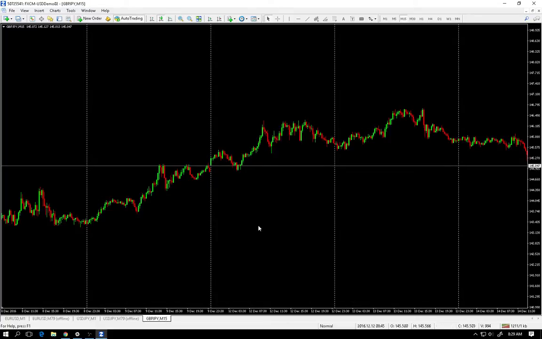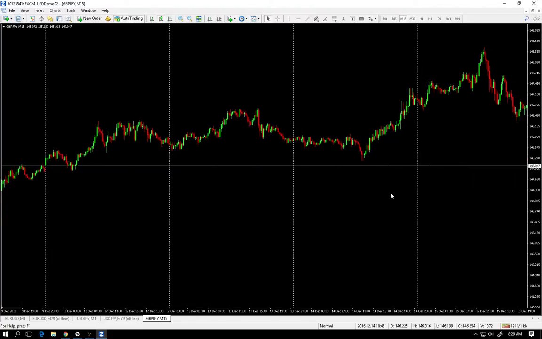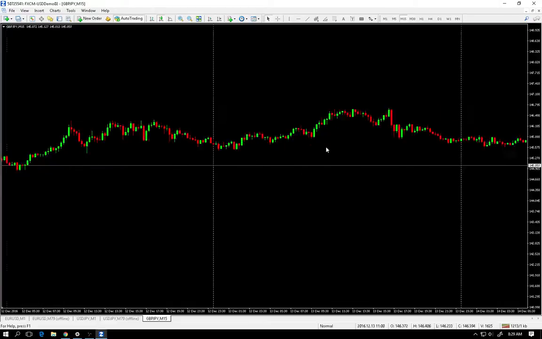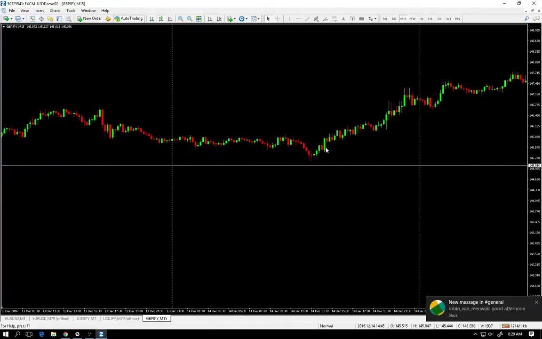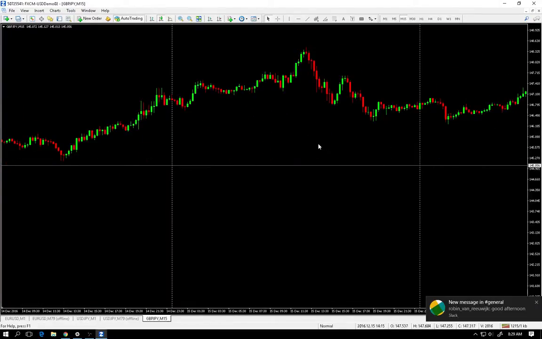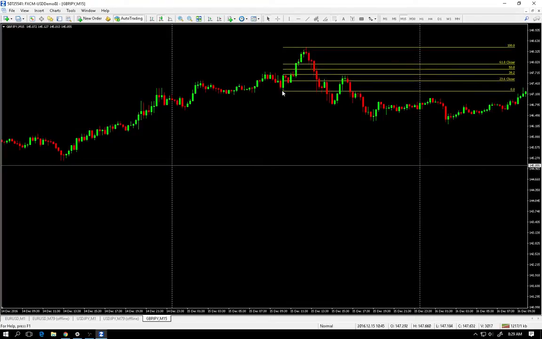That'd be like drawing, let's see, if I can even find one. Here's a one-sided one. Okay, so here's a one-sided Fibonacci that they were drawing. What they were doing is doing it this way. Oops, I drew it the wrong way.